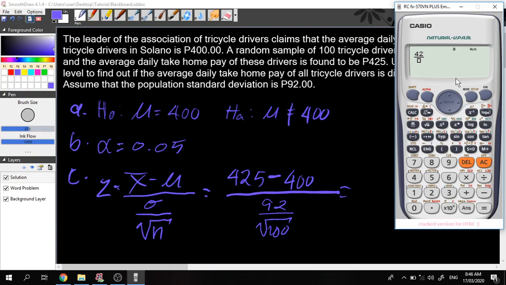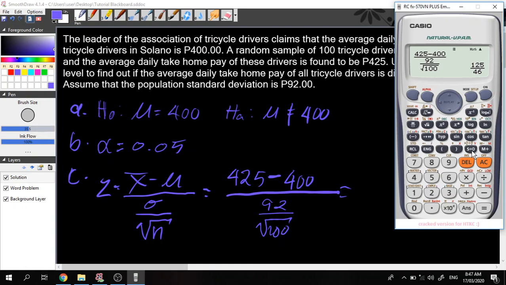So 425 minus 400 divided by 92 over square root of 100. Then just press enter. So ang kinalabasan ay 125 over 46.